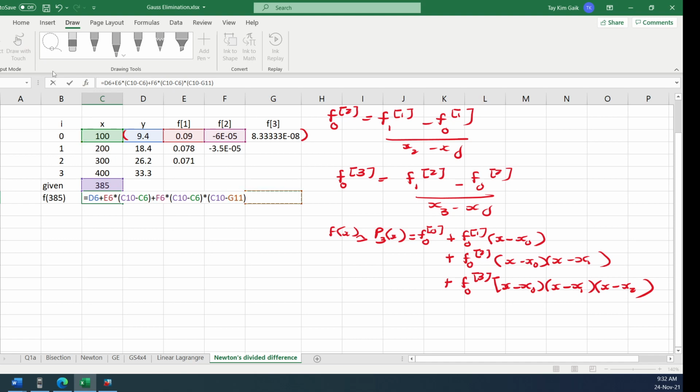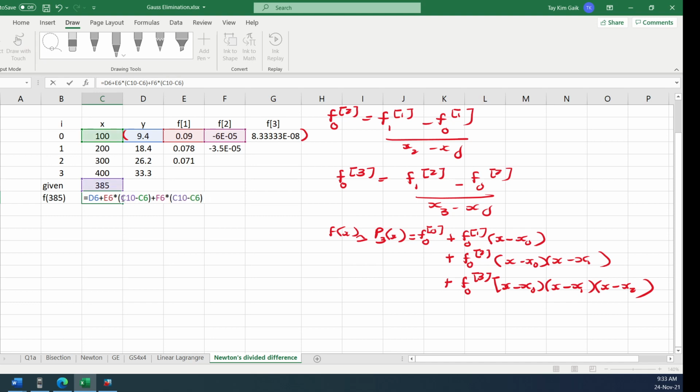So equal y naught plus f01 multiplied by, x is this cell, you will not copy down the formula, you don't need constant, x minus x naught, plus second level f02 multiplied by, because lazy to key in, I copy the formula here.